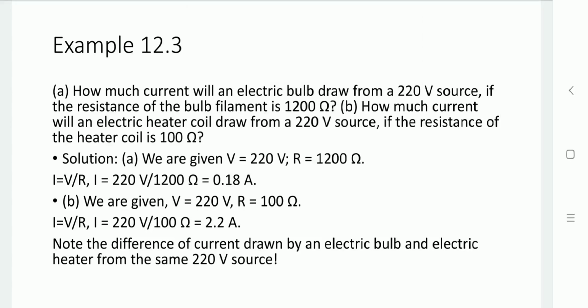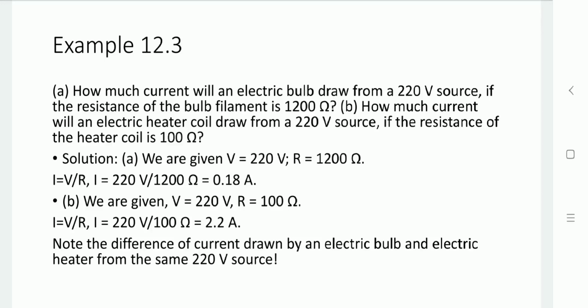Here the source is the same for both questions, 220 volt, but in the first question that voltage is applied to the bulb whose resistance value is 1200 ohm. In another case, we are applying it to the heater coil whose resistance is 100 ohm. So in both cases, we are going to find out the current value.